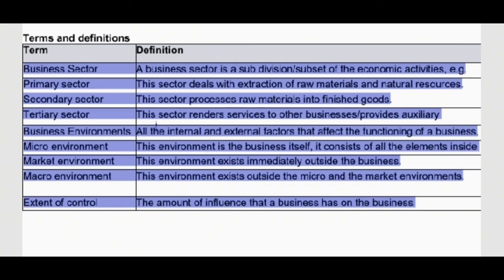What is a business sector? A business sector is a subdivision of the economic activities, e.g. primary, secondary and tertiary. When you see the words business sector, you must always think of the primary sector, secondary sector and tertiary sector.